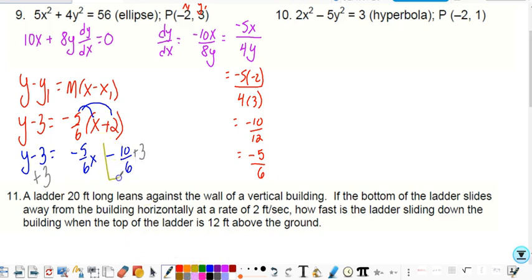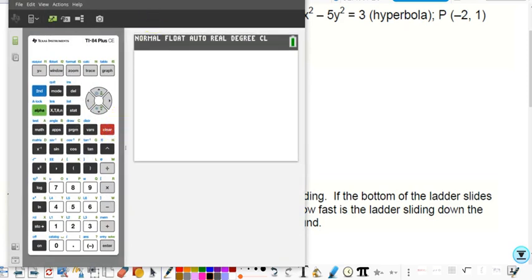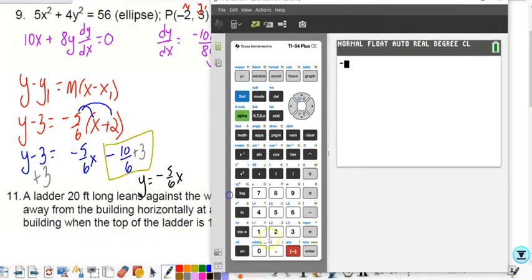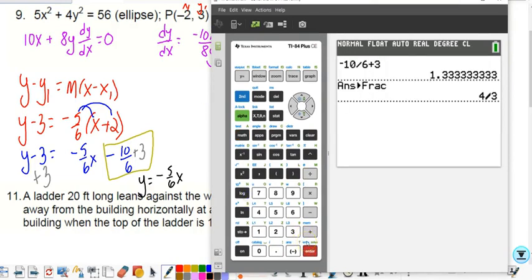And simplifying these values together, I would get y equals negative 5/6x plus 4/3.